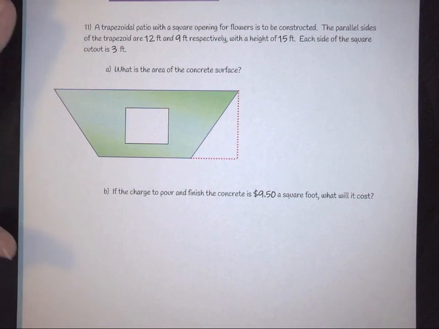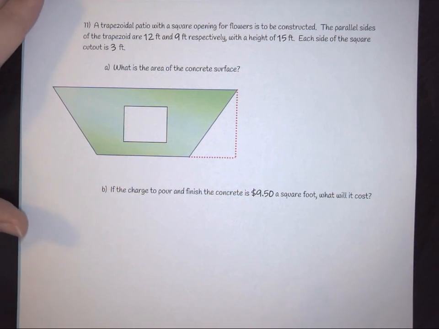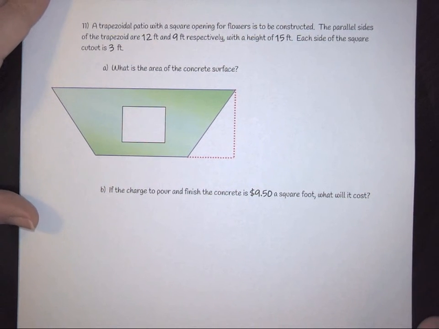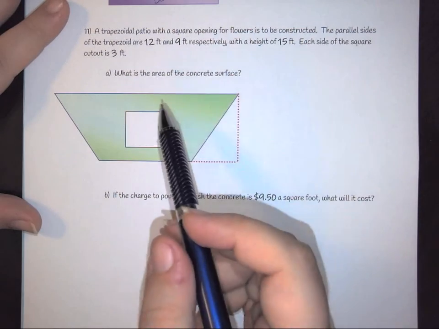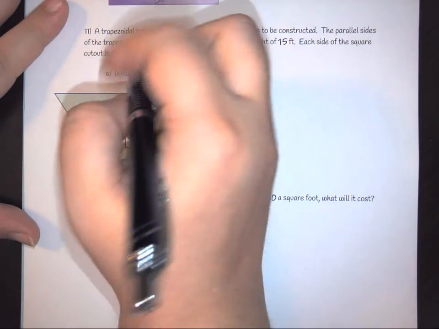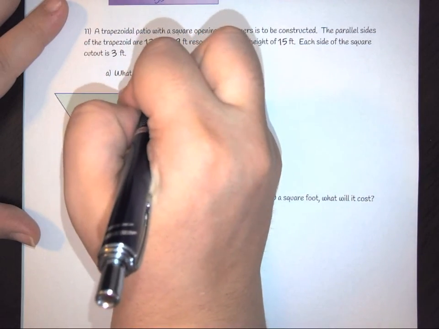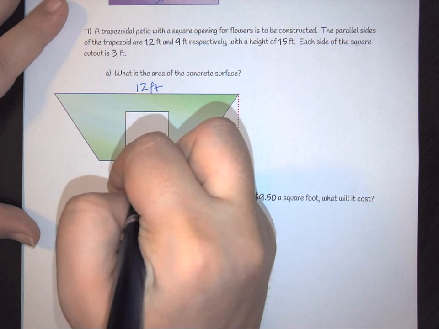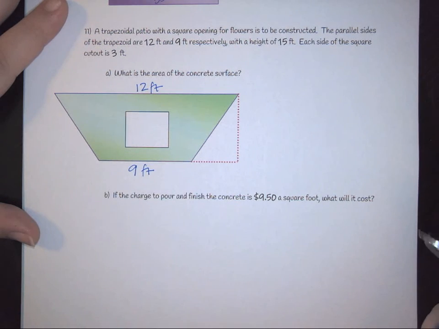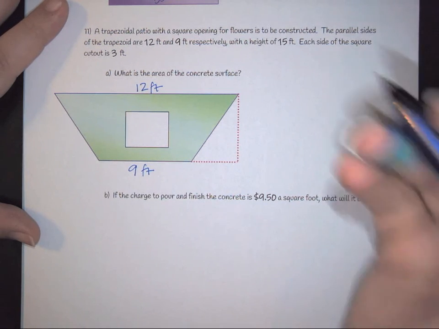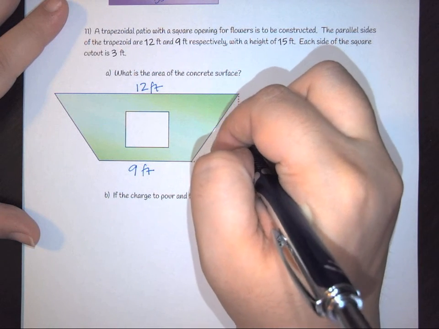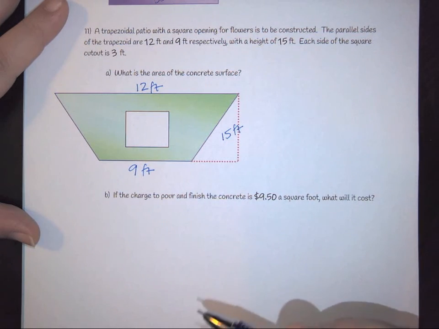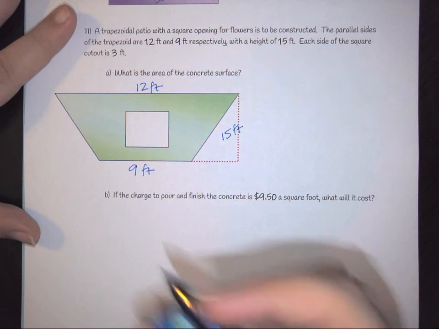Alright, last I have, if there's a trapezoid patio with a square opening for flowers to be constructed, the parallel sides of the trapezoid are 12 feet and 9 feet. So that means I have 12 feet on the big side, 9 feet on the small side. And it says with a height of 15, so I have 15 feet as my height here. And each side of the square cut out is 3 feet.